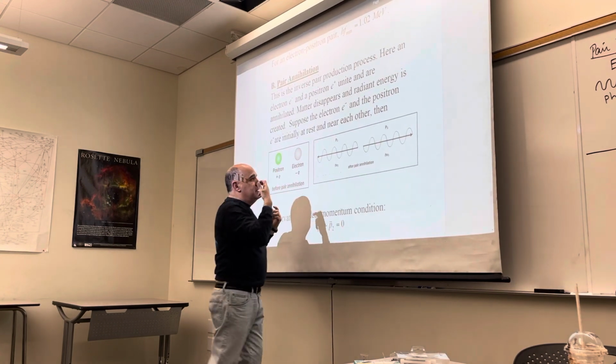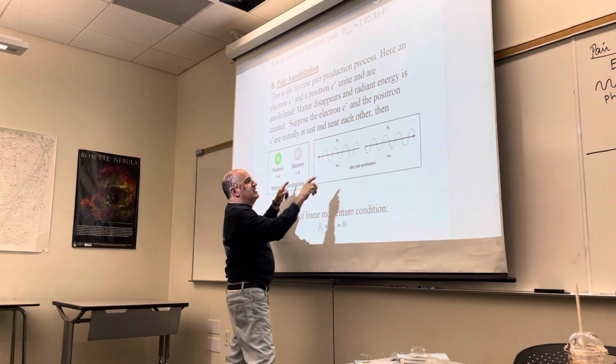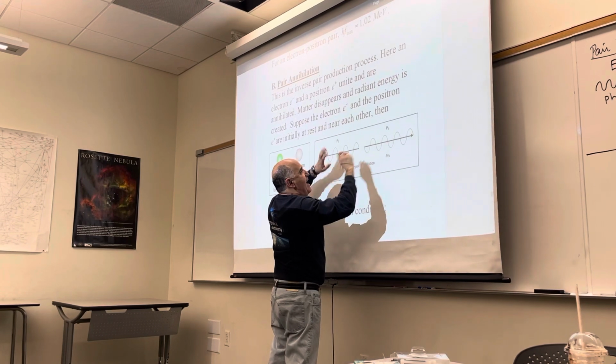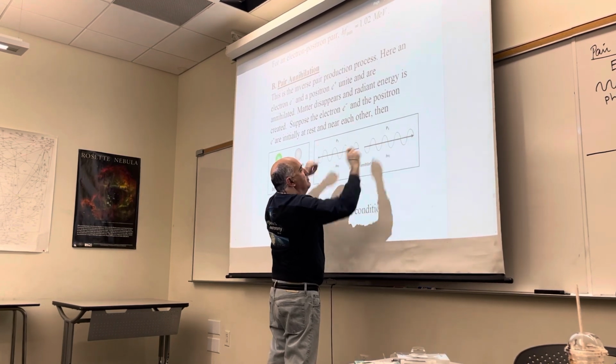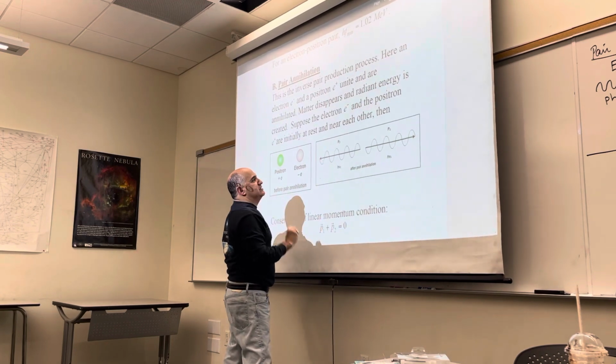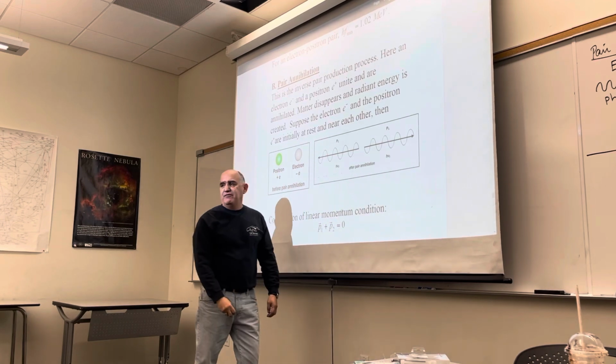So essentially, these 2 have the same mass. And because these 2 photons have to add up to 0, they have to have the same frequency and the same wavelength and opposite momenta. So it's like the energy of this positron went to make this photon, and the energy of this electron went to make that photon.